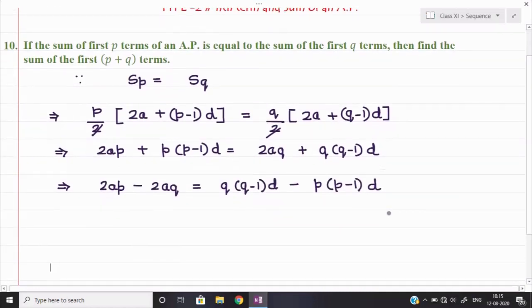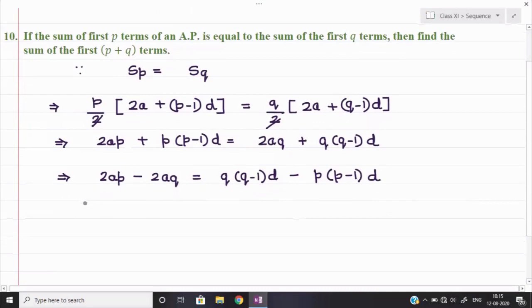Now 2a we can take common. So let us take 2a common over here. So if 2a is common, it will remain p minus q, is equal to, from here I am taking d common. So remaining is here q into the bracket (q minus 1) minus p into the bracket (p minus 1).